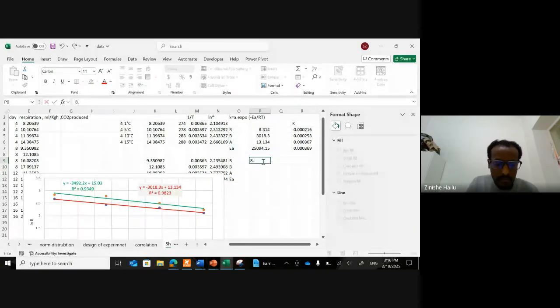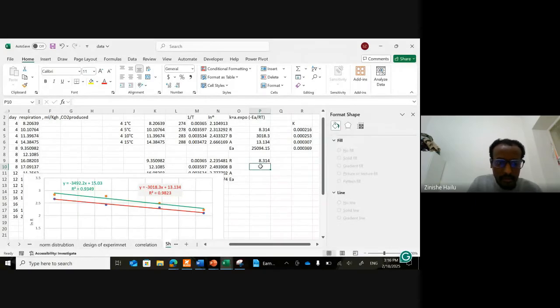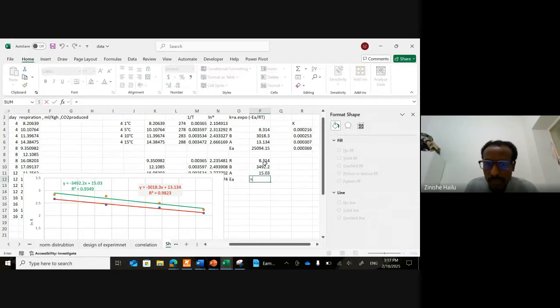It's 0.314. 34.92, 15.03, and activation energy is equal to B times this times this.